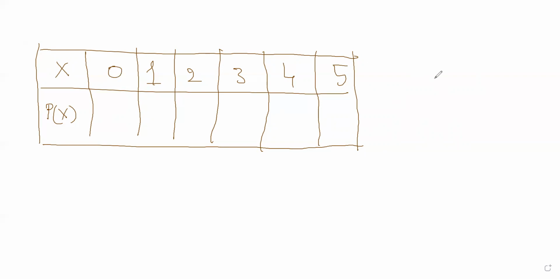So 6 cases. 6 out of 36, since two dice are thrown and there are 36 possibilities. So it is 6 by 36, which is 1/6.